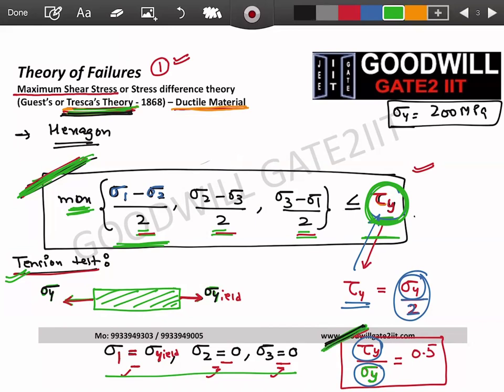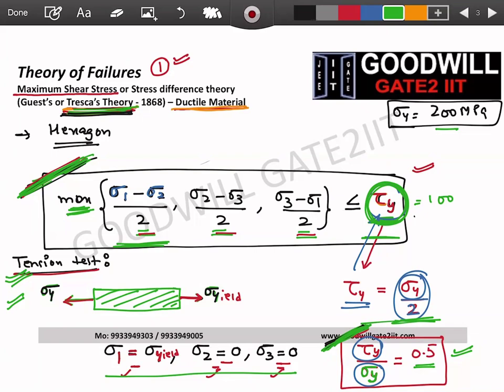For that conversion, you have already done a lab test, and this is universal. It is a material property, so you can use a tension test, a torsion test, or any kind of test, and it will give you the same relation. This relation helps us convert sigma y into tau y, and in this numerical, because sigma y is 200, I will use this relation to calculate tau y as 100 MPa. Perfect. This is clear. Let me go to next.